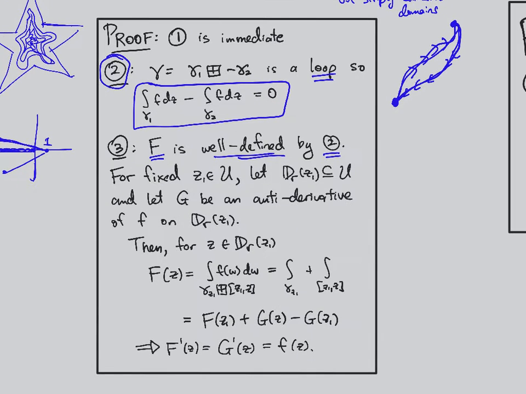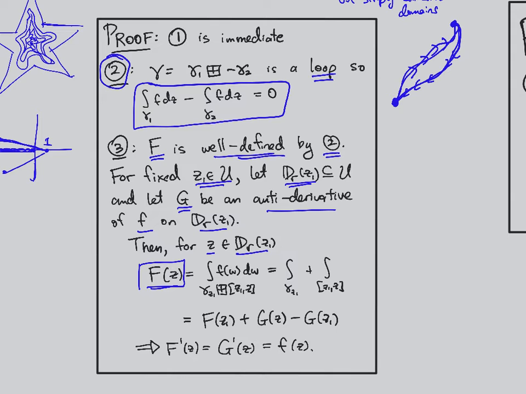Well, I'm going to fix a z1 in the domain and then find a disk around z1 that fits in the domain. Let g be an antiderivative of f on this disk.